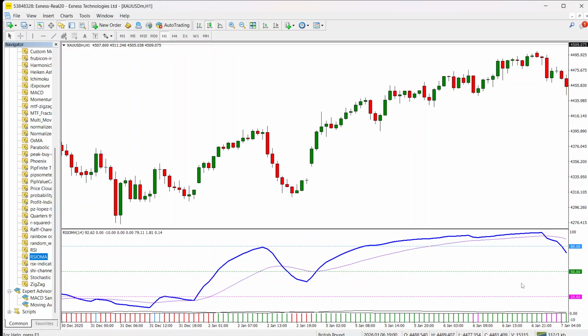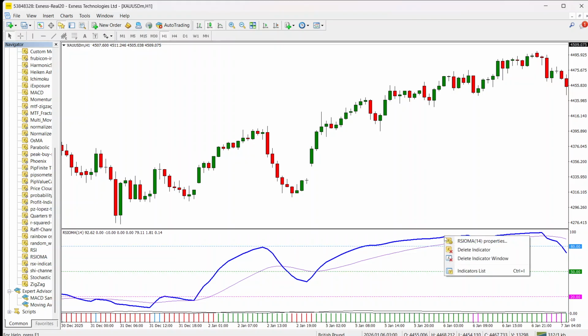Some versions include an auxiliary histogram shown for a quick glance view of the current trend, with color changes indicating trend direction and potential reversals. You can see the histogram below.